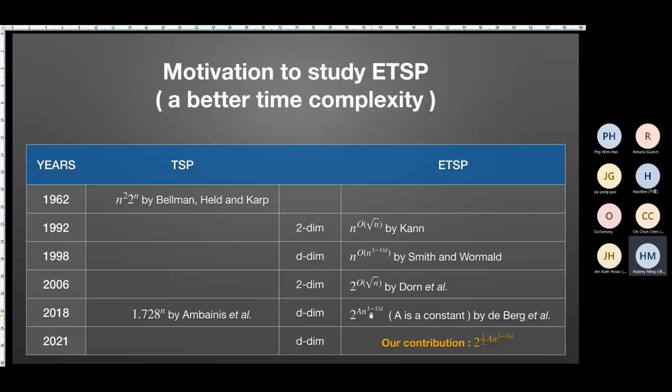That is to say, there is little room to improve the time complexity. Okay, and our contribution is actually to improve the constant in the exponent part of the time complexity. We reduce the factor in the exponent by a ratio of half, and obtain a quadratic speedup.